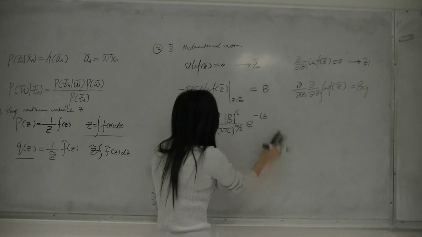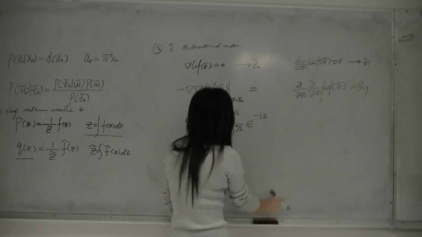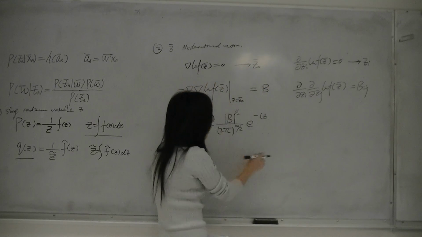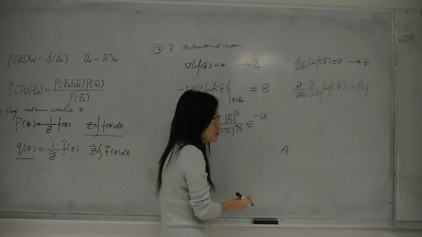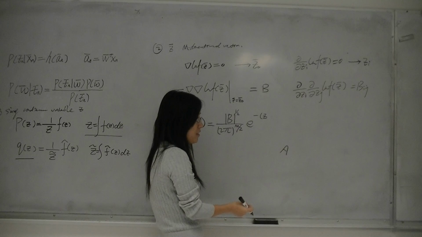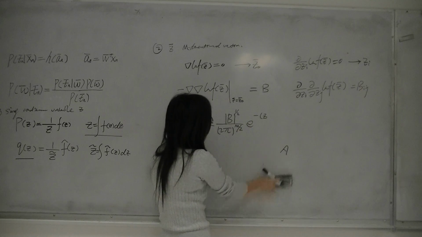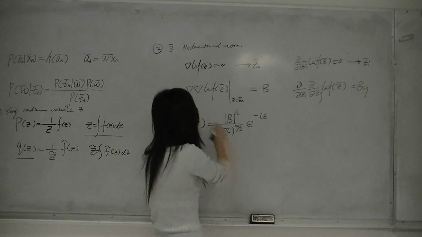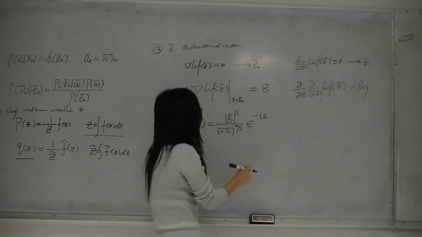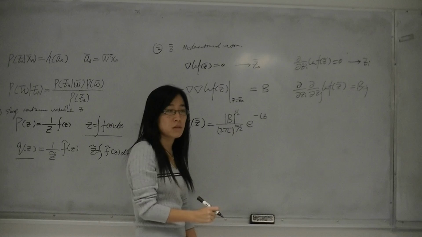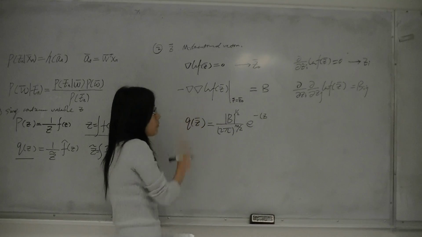Why do I use B? Because in the scalar case, I used A to represent the precision. Here it's a matrix if you take the second order derivative with respect to z.